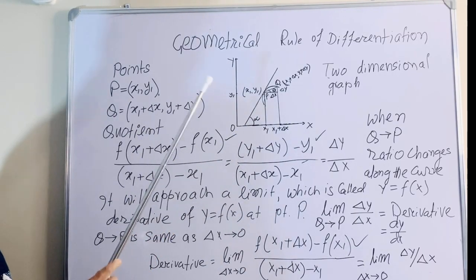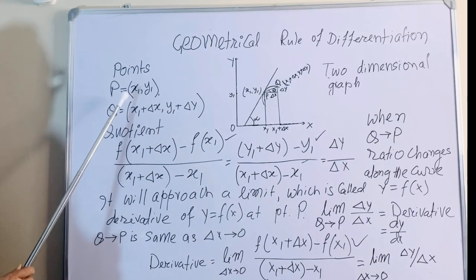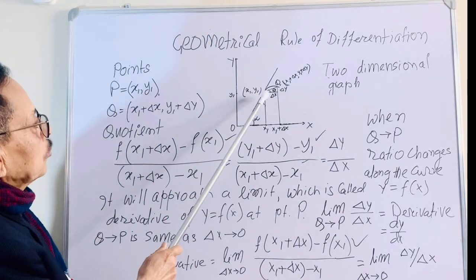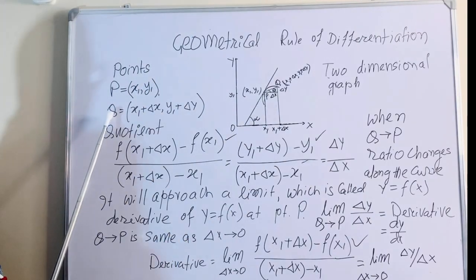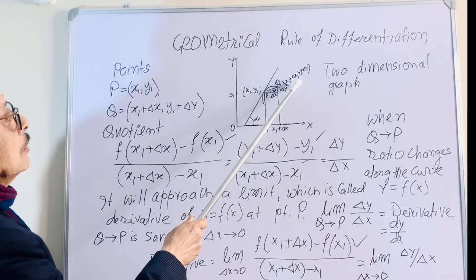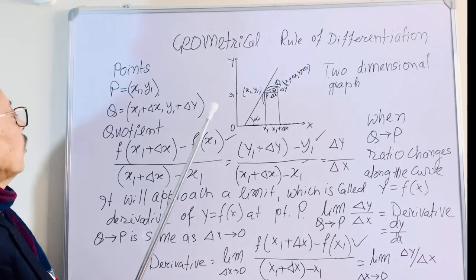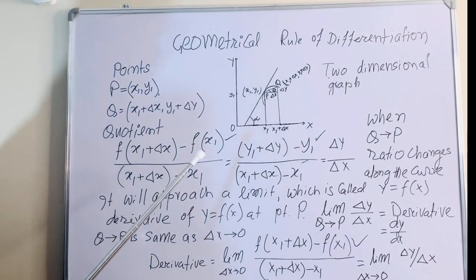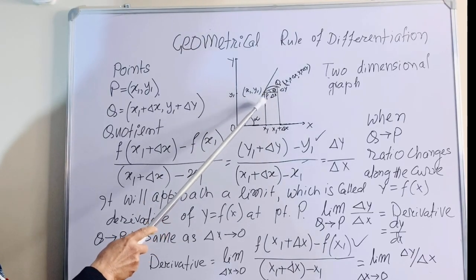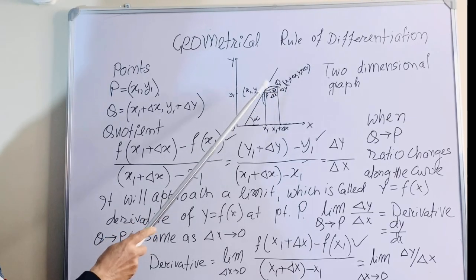Then it has 2 points, P and Q. The coordinates of P are x1, y1, and the coordinates of point Q are x1 plus delta x, then y1 plus delta y. This is a curve, and in this curve it has 2 different points, P and Q.